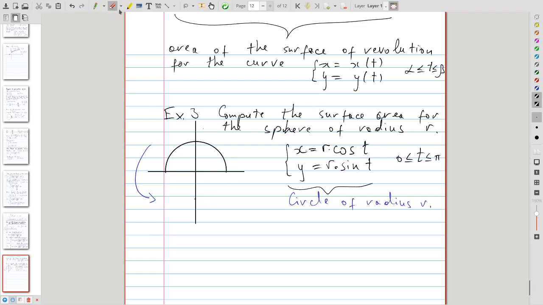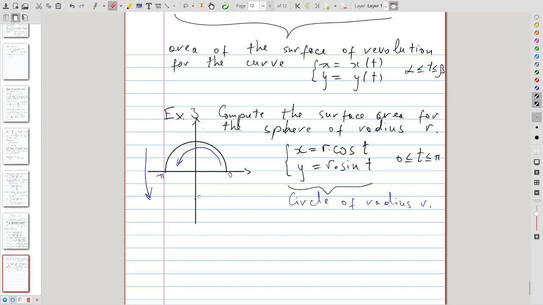So that would be this part over here. So we take angles from 0 to pi and rotate that part of the curve about the x-axis.